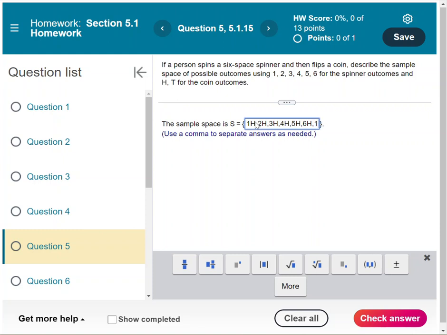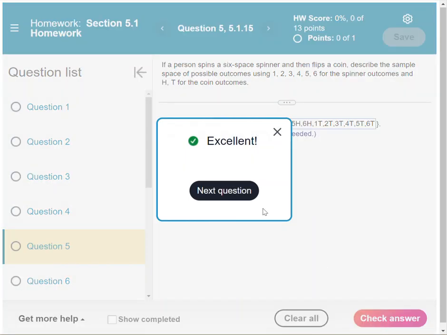So it'd be 1 tail, 2 tail, 3 tail, 4 tail, 5 tail, and 6 tail. So those are all our possible outcomes when you spin the spinner and then flip a coin. So let's go ahead and check our answer.